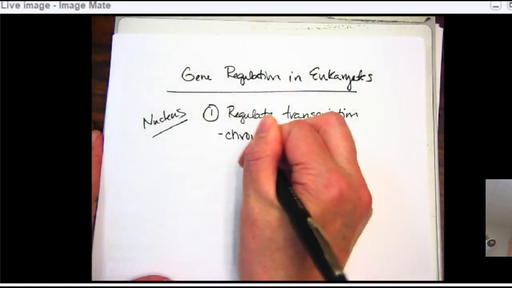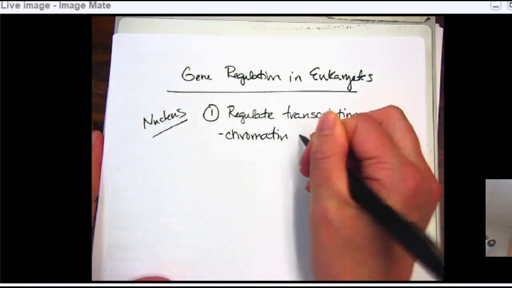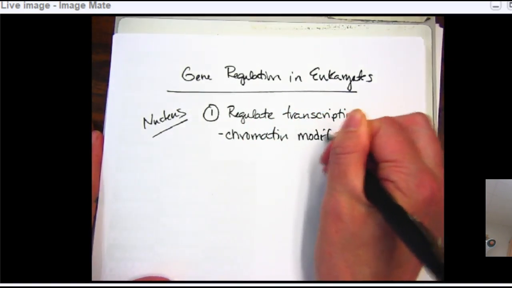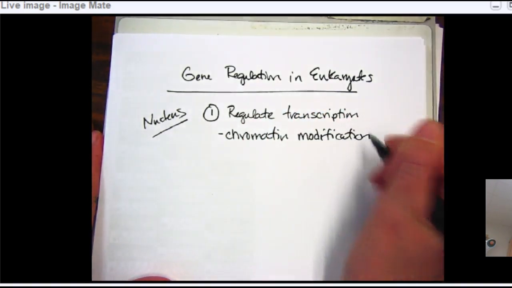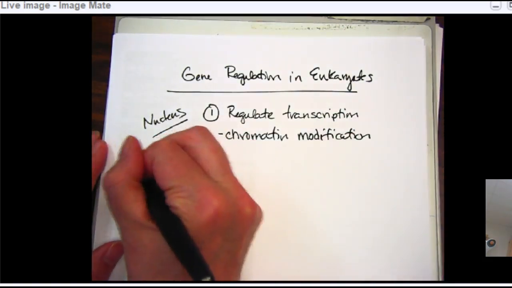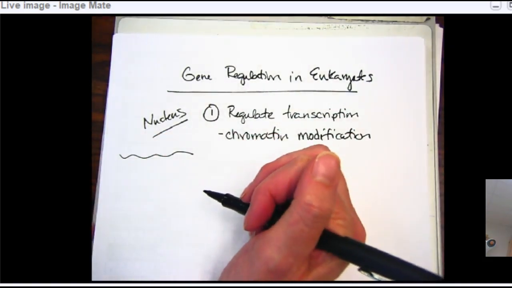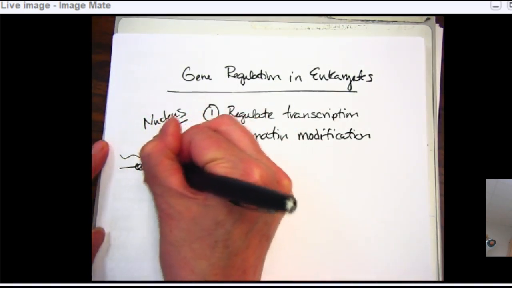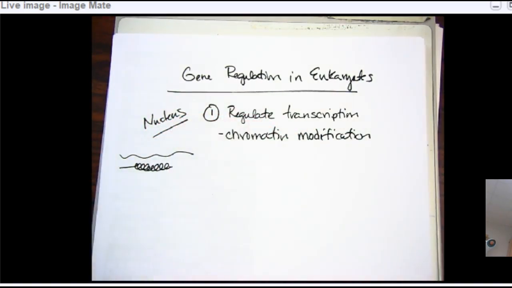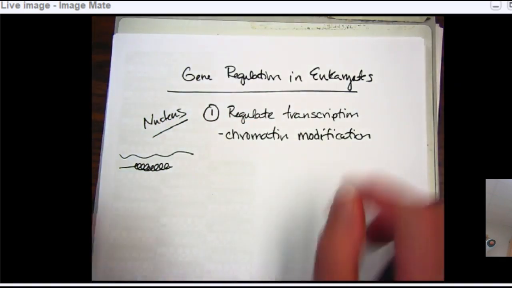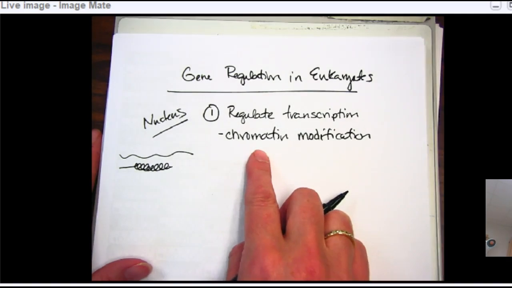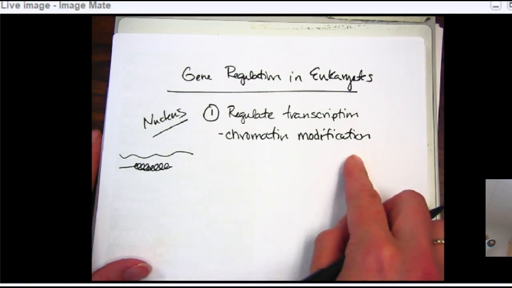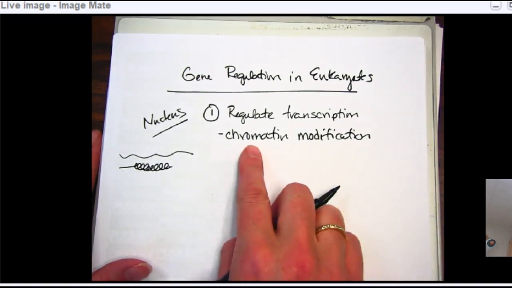Okay. So this whole process is called chromatin modification. So chromatin is like unwound DNA, but a chromosome is when I take that same material and it's coiled into a tight package. So sometimes environmental cues can affect chromatin's coiling.